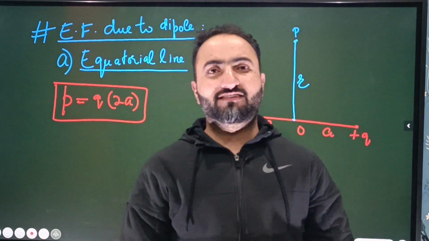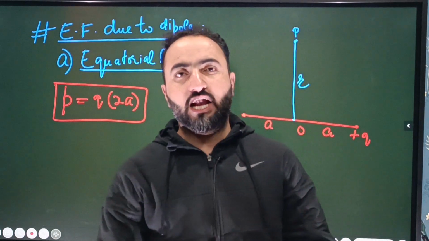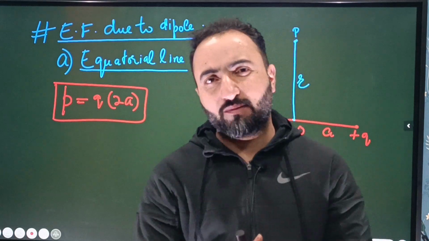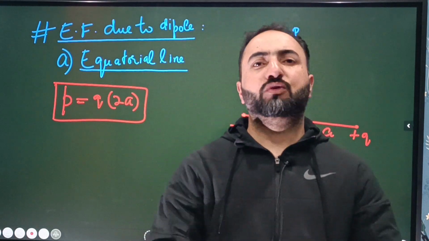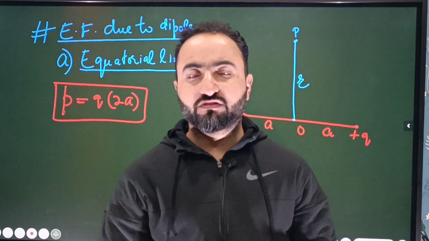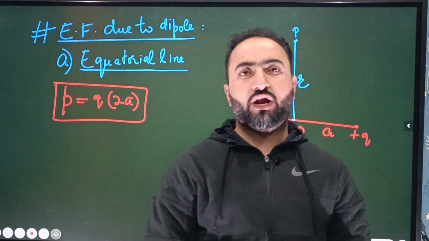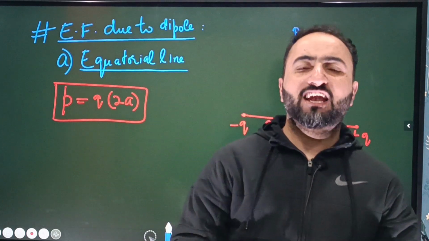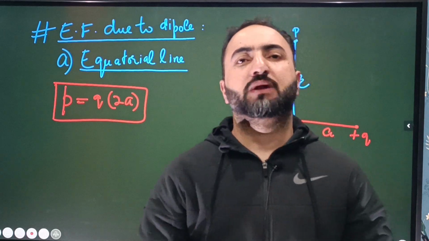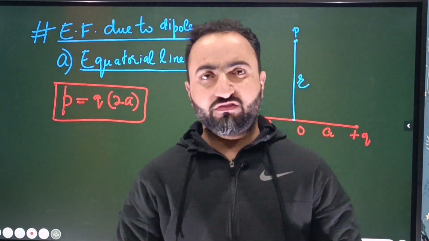Now the question arises: how many electric fields will there be at point P? The electrostatic field at point P will obviously be because of 2 charges: one because of minus q, and one because of plus q. Point number 2: the electrostatic field because of a charge q is simply k multiplied by charge divided by distance squared.